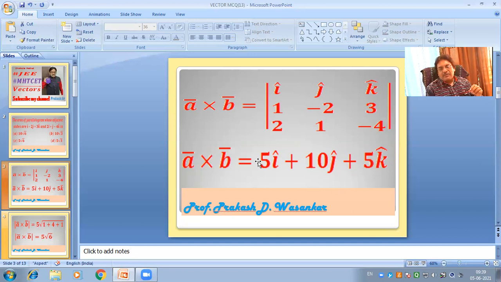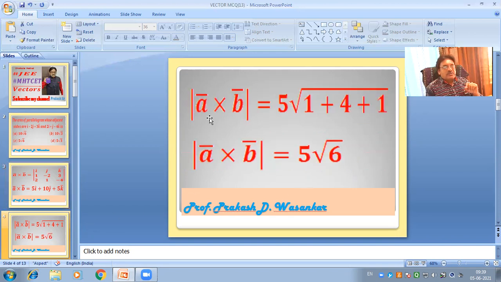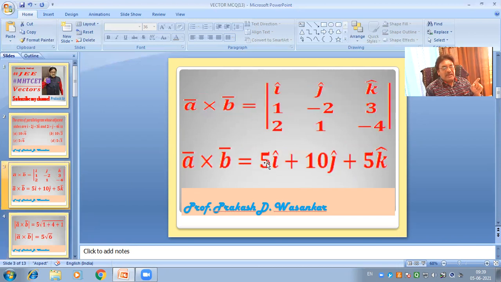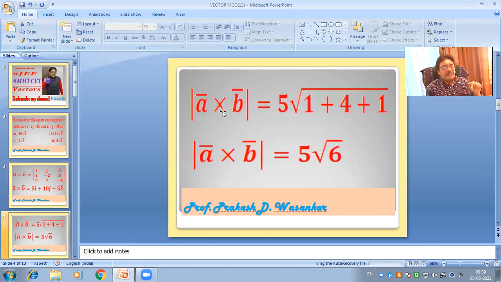Or, from this, take 5 common: i plus 2j plus k. Then the magnitude of A bar cross B bar is equal to 5 times the root of 1 square plus 2 square plus 1 square.